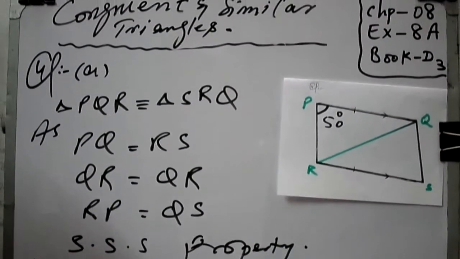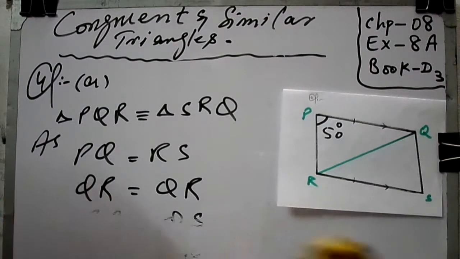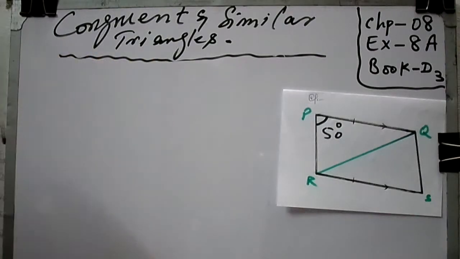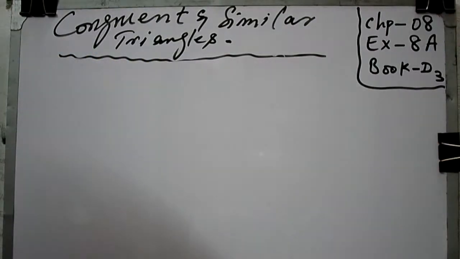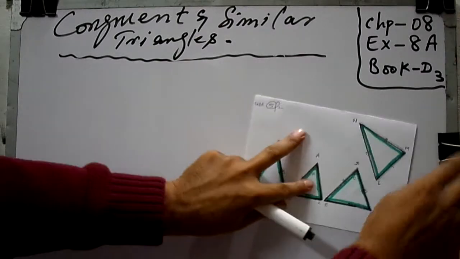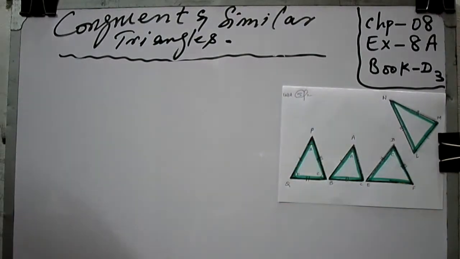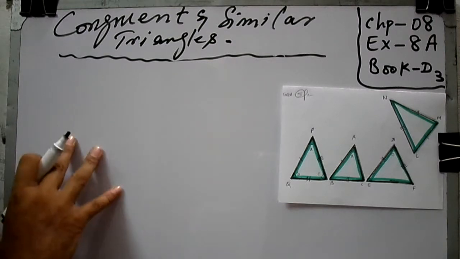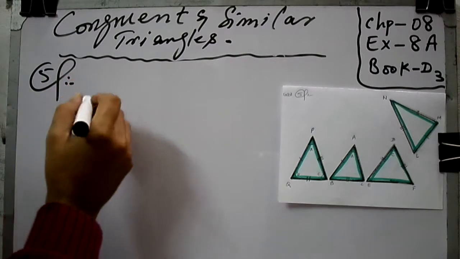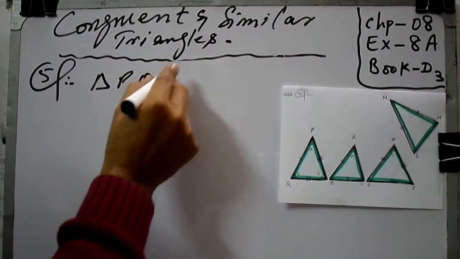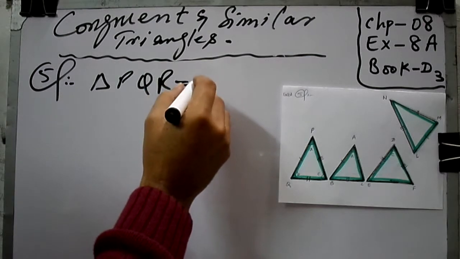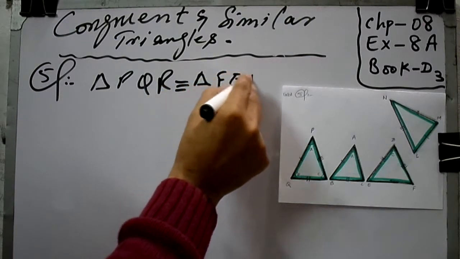Now coming to the next question, question number 5. In question number 5, four triangles are given, and identify the triangles that are congruent to triangle PQR. So we can say that triangle PQR is congruent to triangle FED.